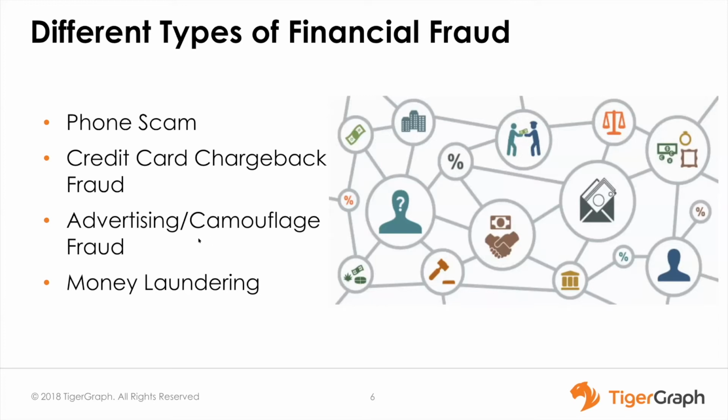Additionally, we have advertising fraud. So this is more of your fake Amazon reviews. This is that type of fraud. Or something like, I have an incentive program, like an ad program where based on a number of clicks, I get rewarded money for that advertising.